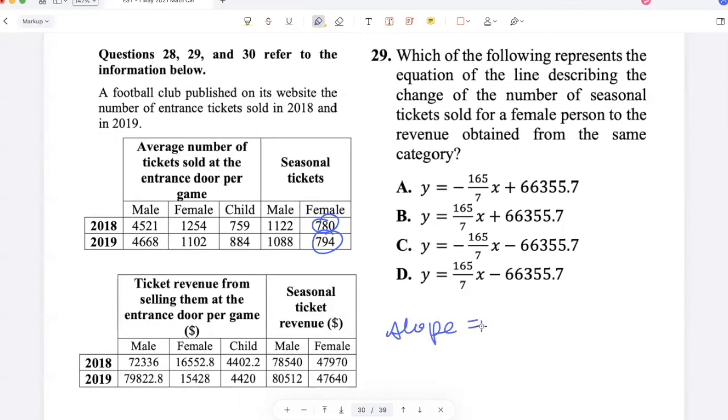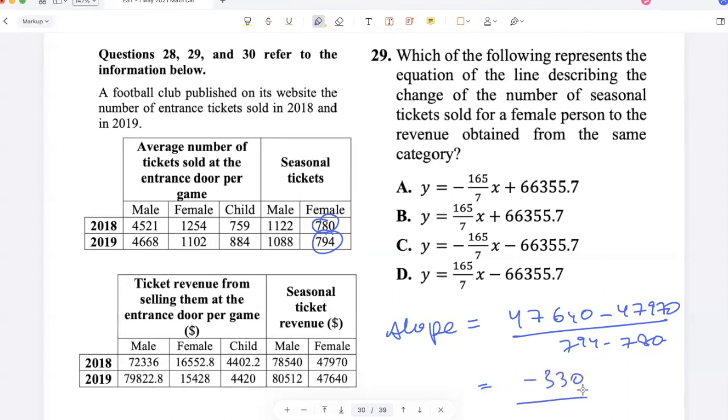The slope would be y2 minus y1, 47640 minus 47970, divided by 794 minus 780. So let's plug that in the calculator. 47640 minus 47970. So that's negative 330. And 794 minus 780, that's 14, right? So that's minus 165 by 7.